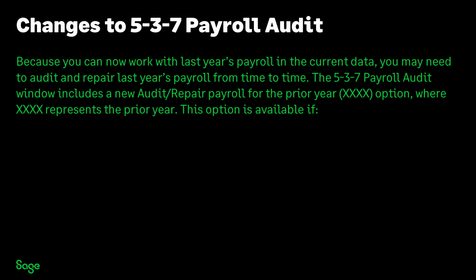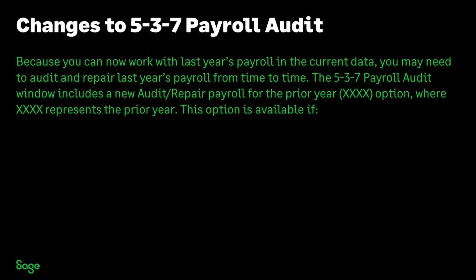Because you can now work with last year's payroll in the current data, you may need to audit and repair last year's payroll from time to time. The 537 Payroll Audit window includes a new Audit Repair Payroll for the Prior Year option, where X's represent the prior year.